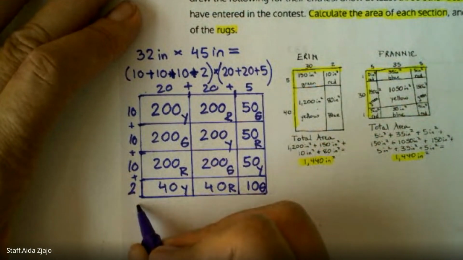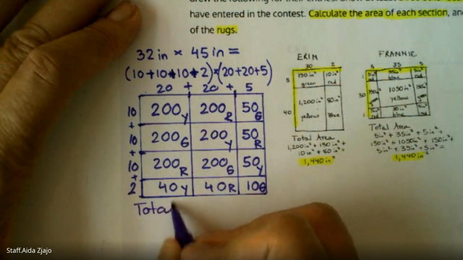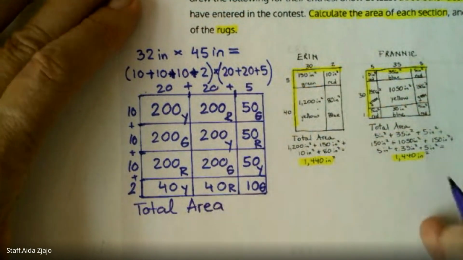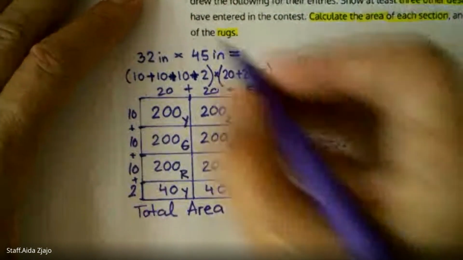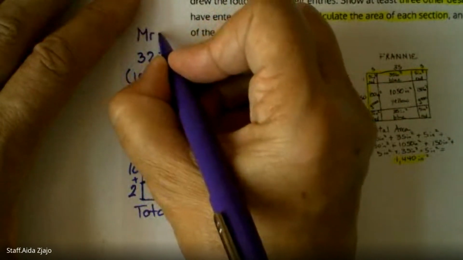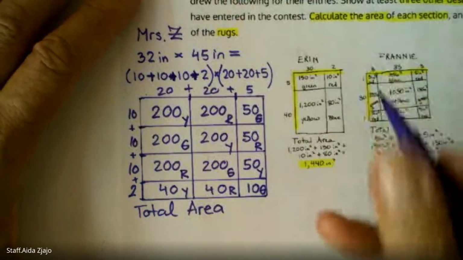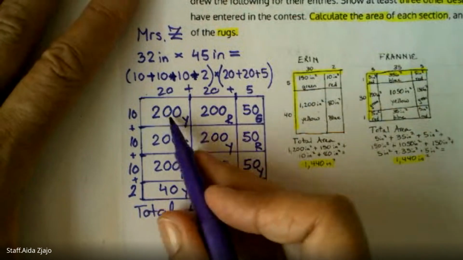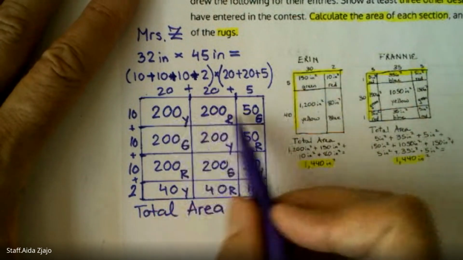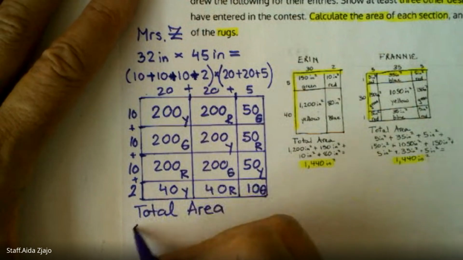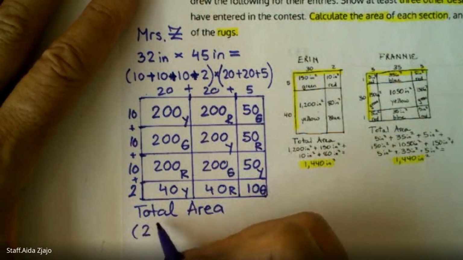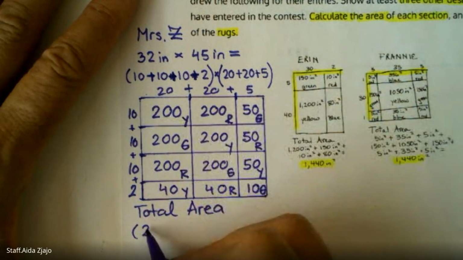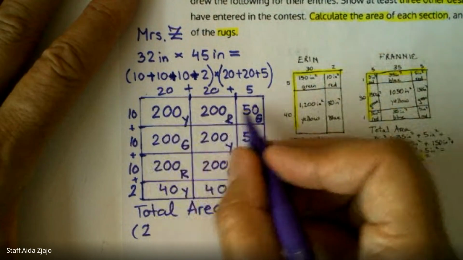So, total area of Mrs. Z. Okay, I'm going to write Mrs. Z here. That's me. And then I will need to add 200 plus 200 plus 50, so that's 450.